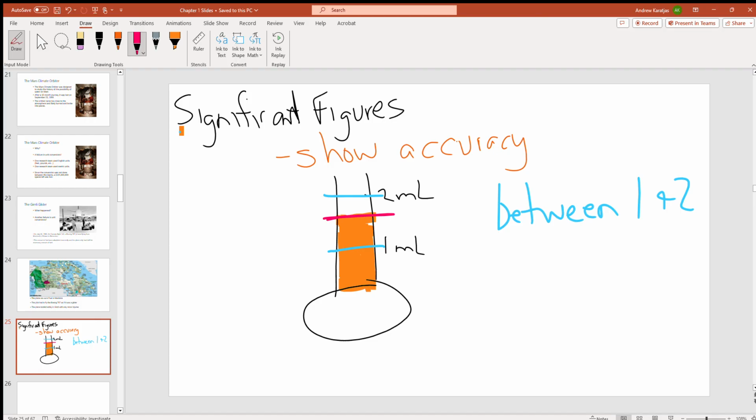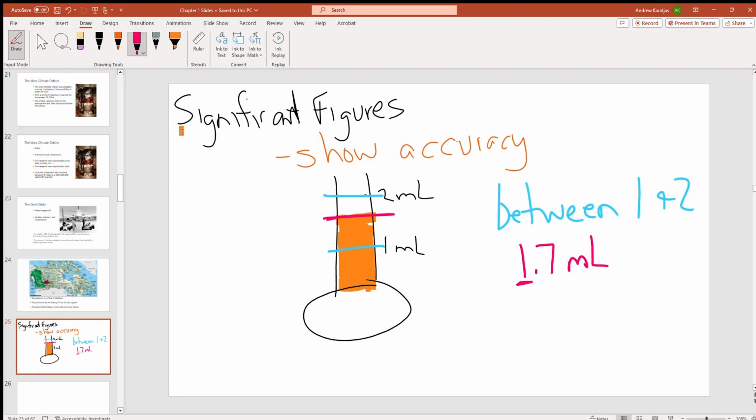And so maybe we guess that it's approximately 1.7 milliliters. What we're saying here is that every digit before the last one, we're very certain of. We can see based on the graduations, the markings on our measuring device, that we know that that one is accurate.